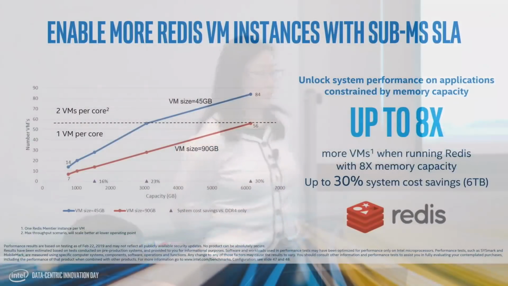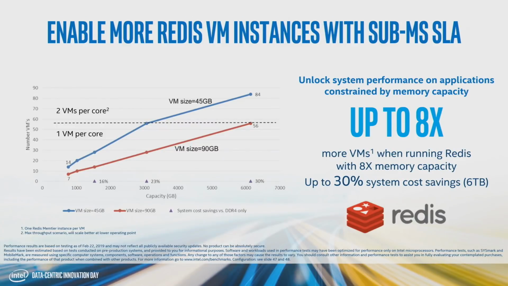Okay, with our negative time here, I just wanted to go through the example of virtualization and how you can have more VMs with this larger capacity. There are two lines on here. The red one is an experiment we ran with Redis, an open source database, running a benchmark that does a read-write mix.